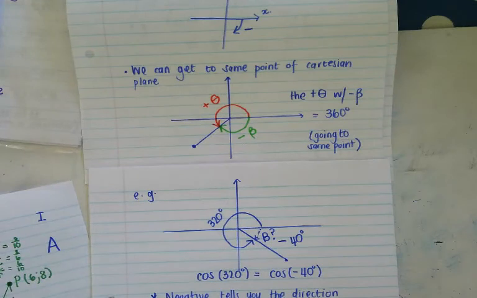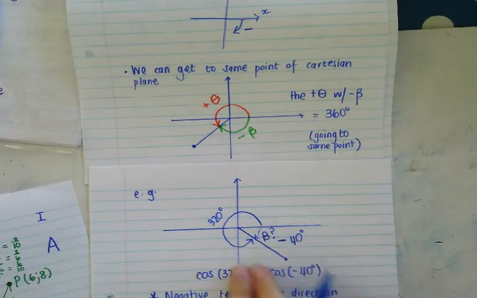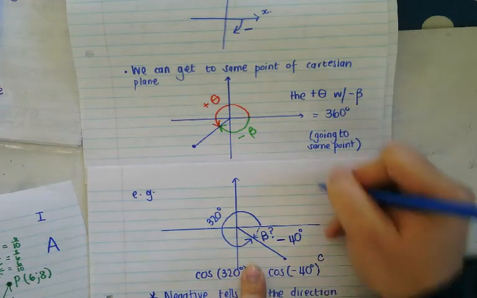Now if I went to the negative angle in quadrant 4, would my cos be positive or negative? But remember your cos diagram.